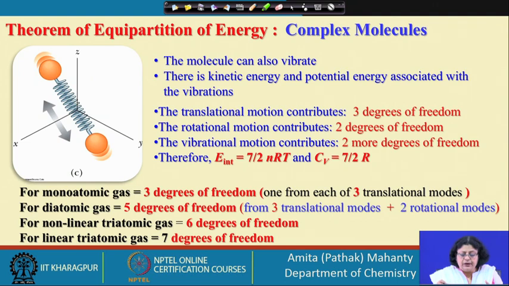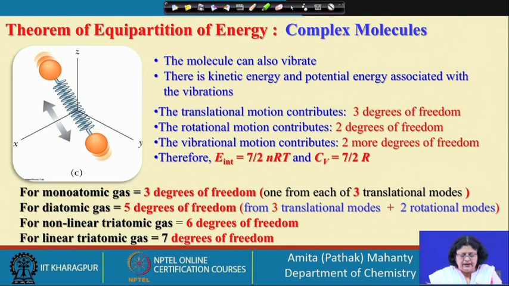So, if I have a monoatomic molecule, then the total number of degrees of freedom is 3, only when the center of mass moves along the translational mode x, y, z. When I have a diatomic molecule, the degree of freedom is 3 for translation, the center of mass of the molecule moving in x, y, z directions, plus 2 along the axes along which it rotates, taking the molecule to lie along one particular axis.